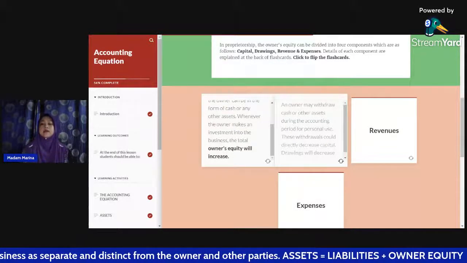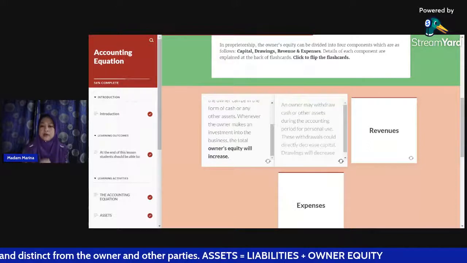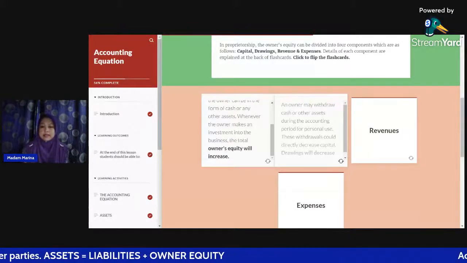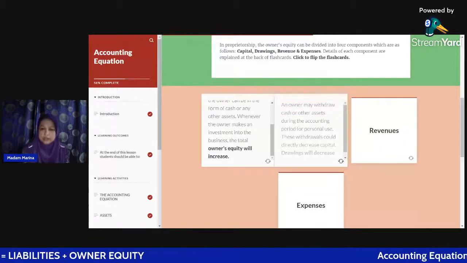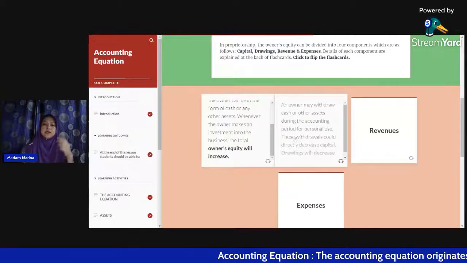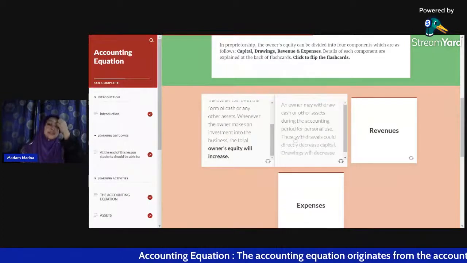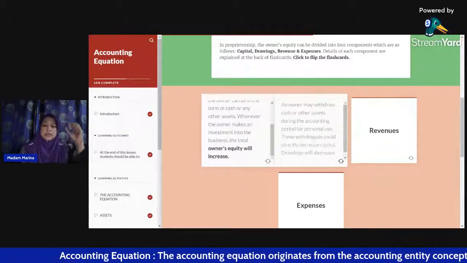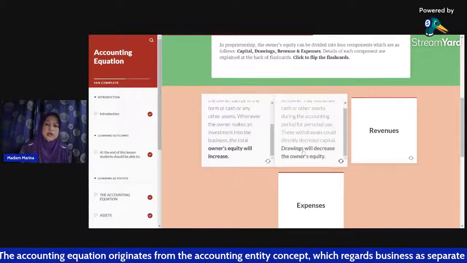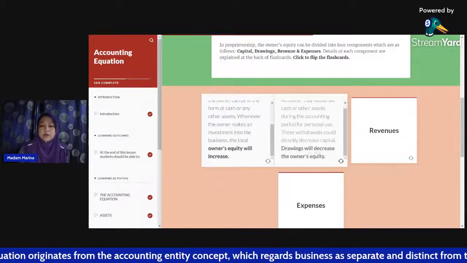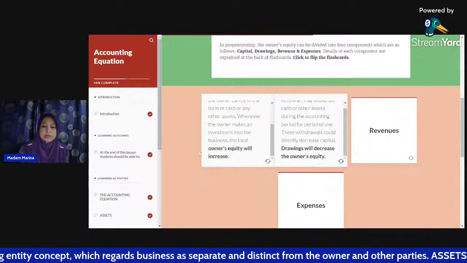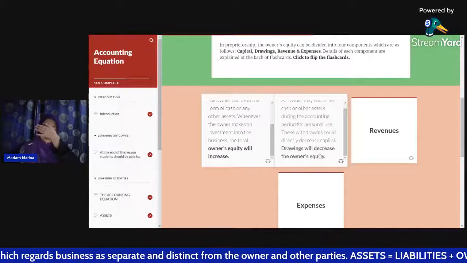They can withdraw the cash or take any asset, but we have to record it as a withdrawal or drawing, because it is for personal use. What happens to the owner equity? Drawing will decrease the owner equity value. Capital will increase, drawing will decrease the owner equity.